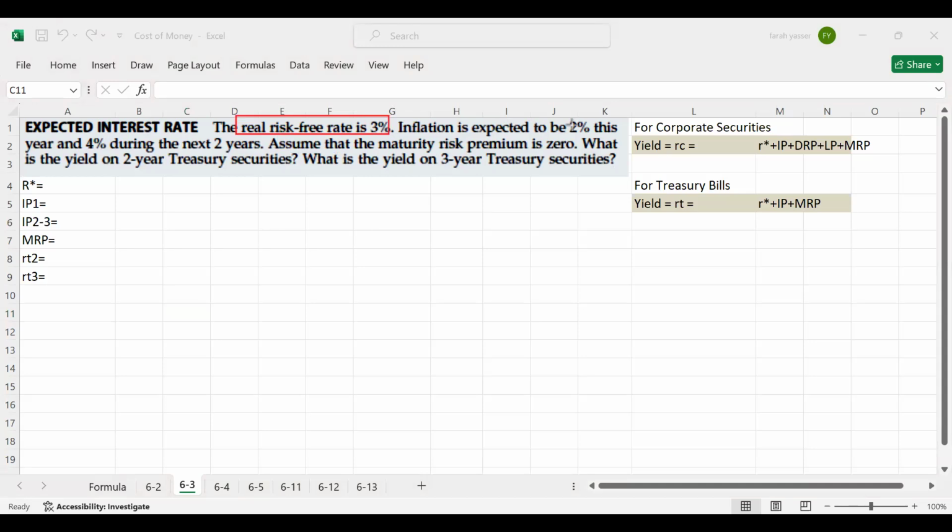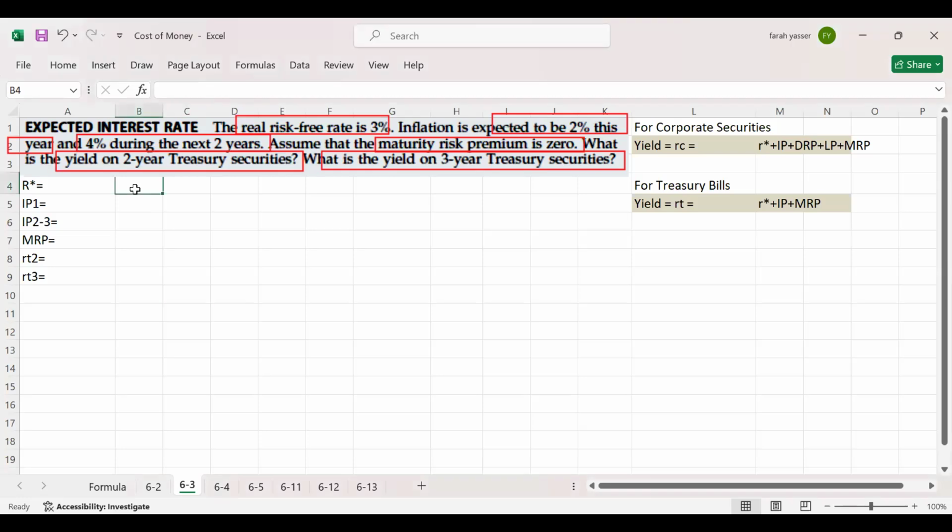Inflation is given in a different way, that inflation is expected to be 2% this year, meaning first year inflation is different, and 4% during the next 2 years. So inflation is different, maturity risk premium is zero. What is the yield on 2-year treasury securities, and what is the yield on 3-year treasury securities?